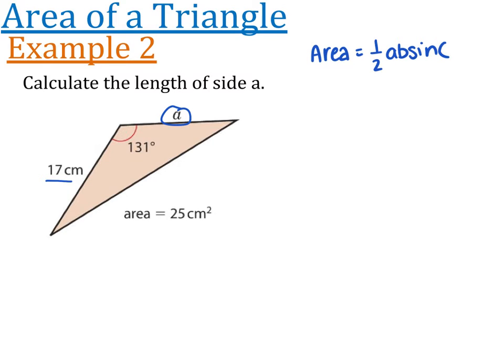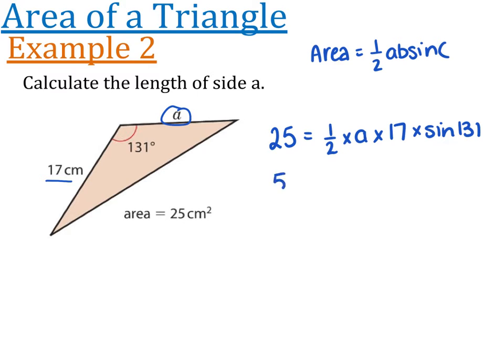So let's go ahead and substitute in what we know. So the area is 25, 1/2 times by A times by B times by the sine of 131. Now you can reorganize this however you want. I'm going to try to do it in 2 steps to show you what I want to do. First thing I'm going to do is times by the 2 to get rid of the half.